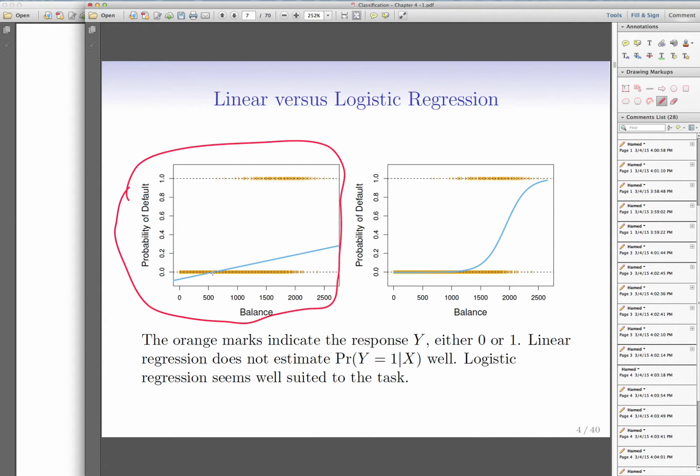So if you just consider these observations and run a regression line, you get this blue line. And as you can see, for very low levels of balance, less than 500, you get negative probability of default. Even for the highest level of balance you observe, which was around 3,000, the probability of default is again less than 40%.